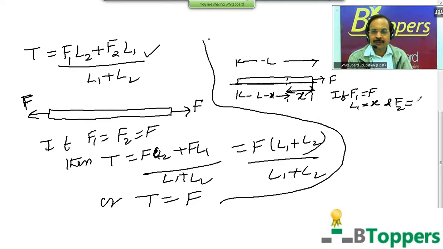That means no pulling force applied at the other end. Then the magnitude of tension at the cross section at distance x from the end where force is applied will be F into (L minus x) by (L1 plus L2, which will be L).